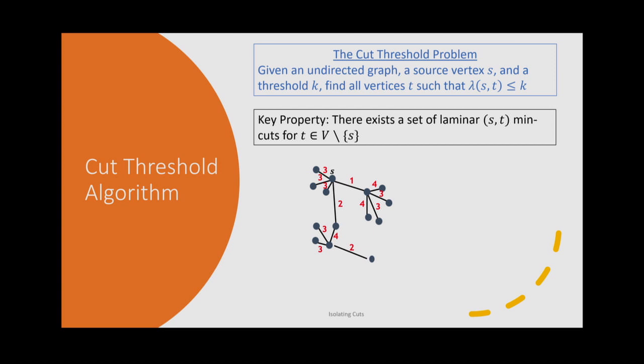So if I remove the edge, vertices split into two parts. And now for every vertex, I can simply find its minimum cut from S as the minimum value of any edge on the unique path on the tree going from that vertex to S. Okay. So all the s-t min cuts for a given vertex S are organized in a laminar way. This is a property that's been known for 60 years, it's not new.